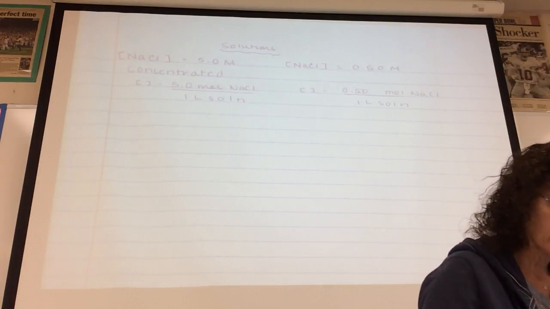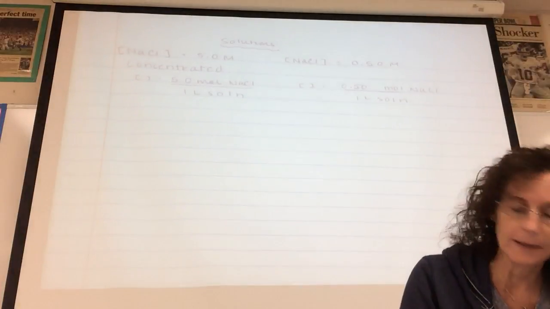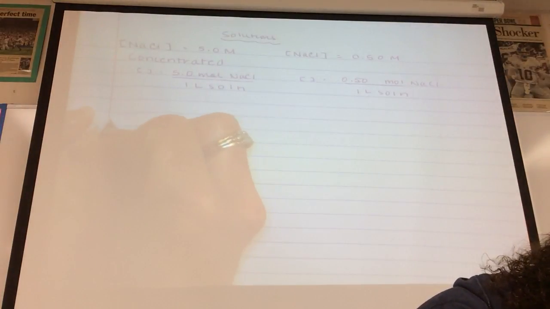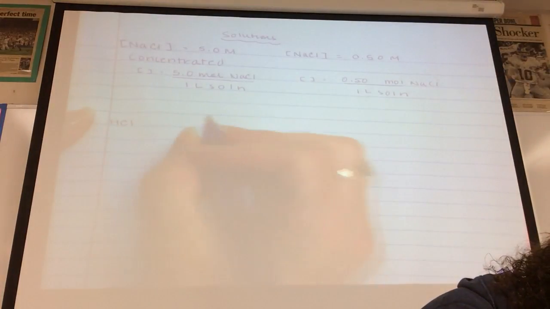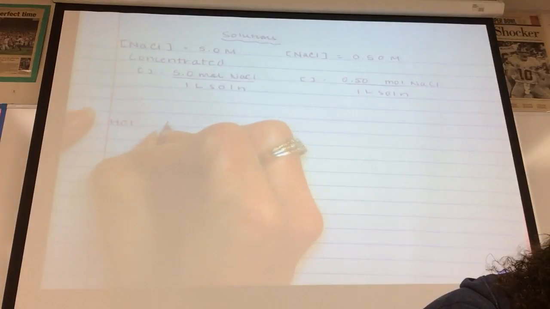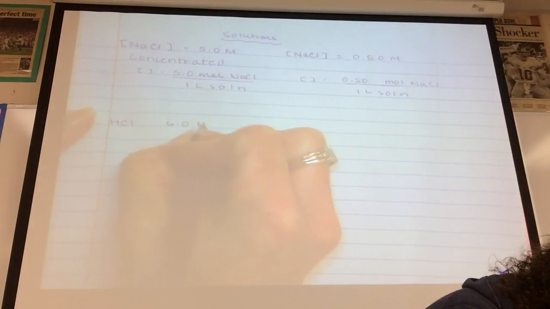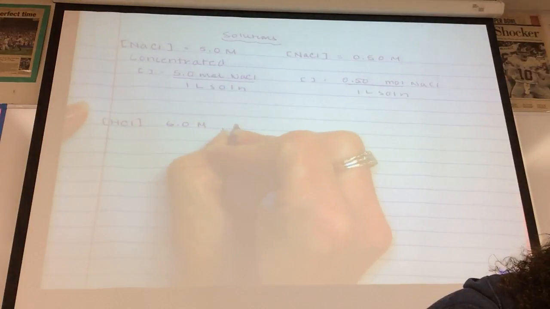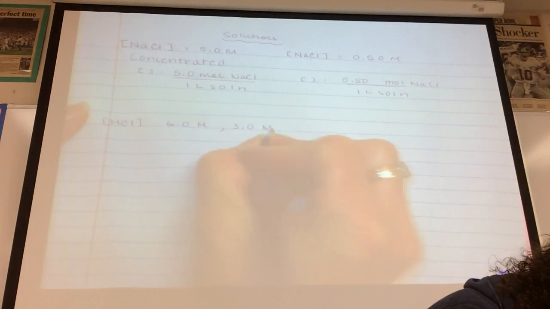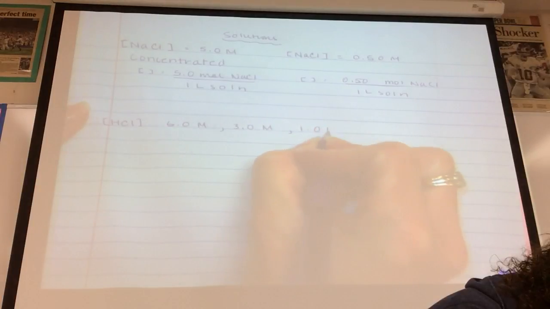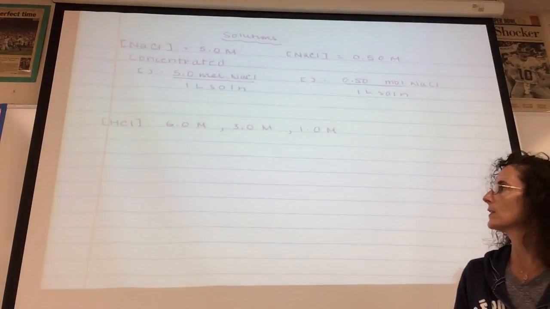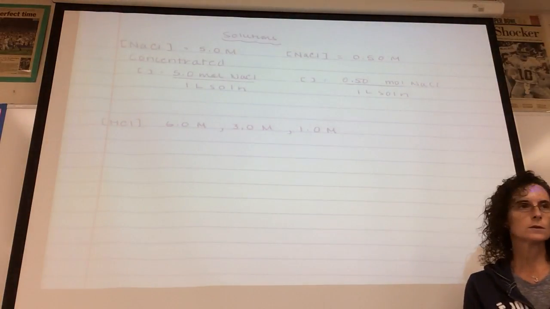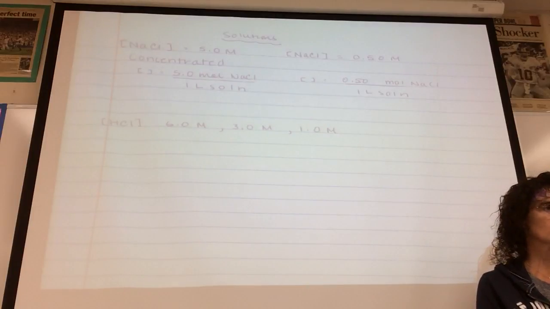In the laboratory, we've used hydrochloric acid in the past, and we've used concentrated hydrochloric acid at 6 molar. We've also used hydrochloric acid at 3 molar. We've used hydrochloric acid at 1 molar, and later in the year, we're going to be using hydrochloric acid at 12 molar.